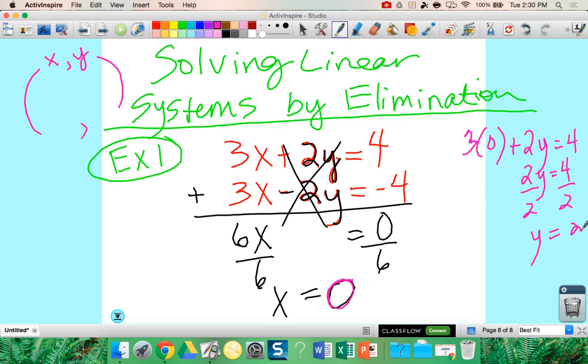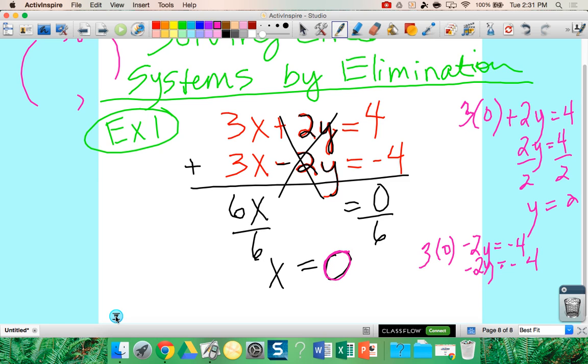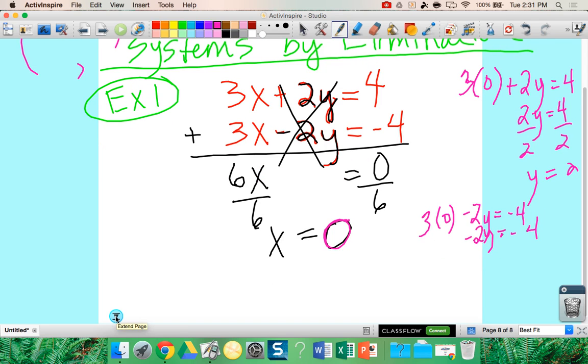If I put it in the second equation, I can cut out parts of the video just so you know.